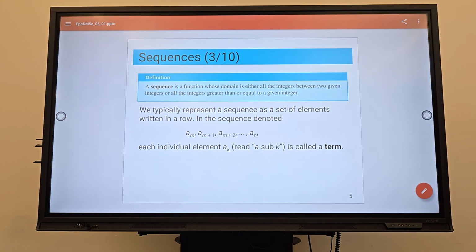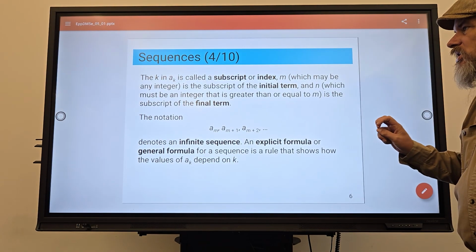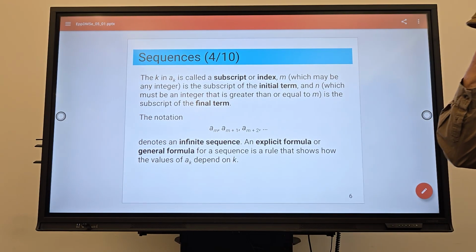Each individual element, a sub k, is called a term. The k in a sub k is called the subscript or index. M, which may be any integer, is the subscript of the initial term, and n, which must be an integer greater than or equal to m, is the subscript of the final term.